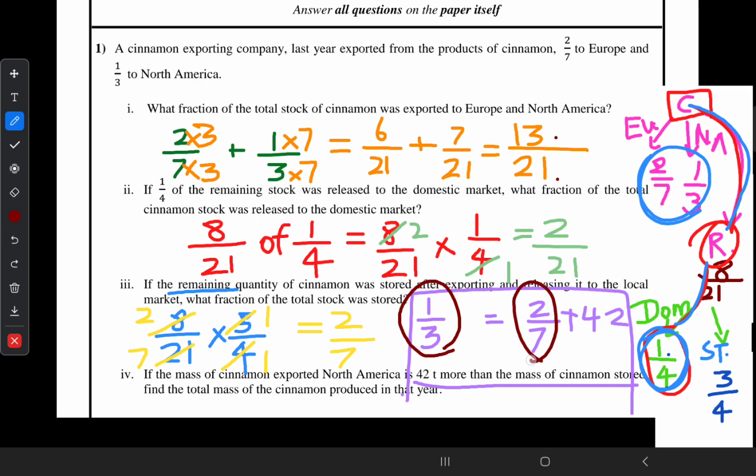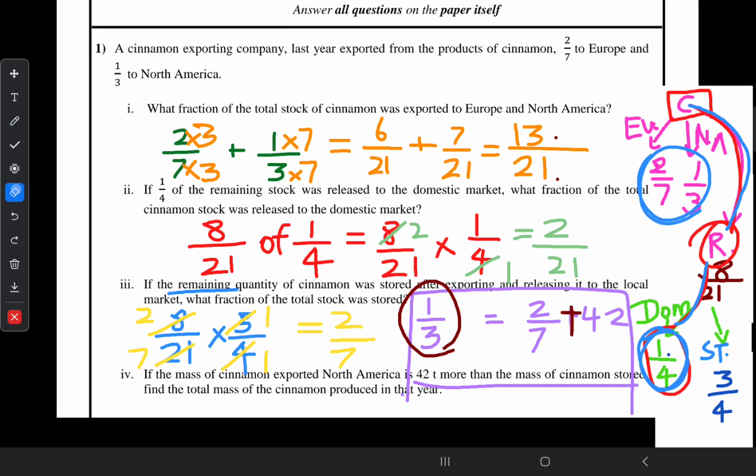With that, more than 42 means you should add. More than means greater than, so you should add. If they indicated less than, you should subtract. So 1 upon 3 equals 2 upon 7 plus 42. This is the way you should get the equation according to the given data.